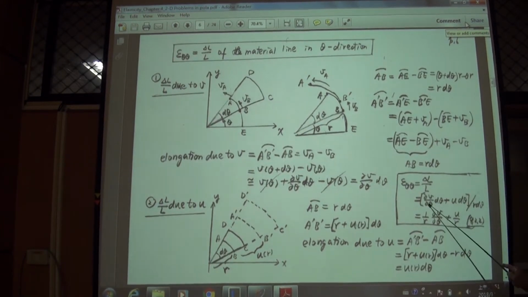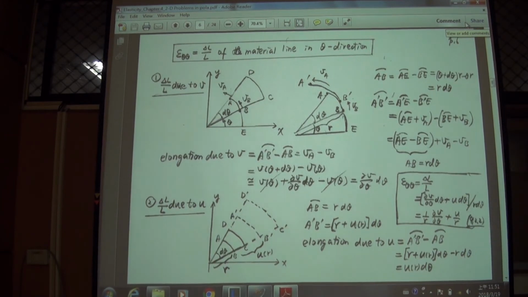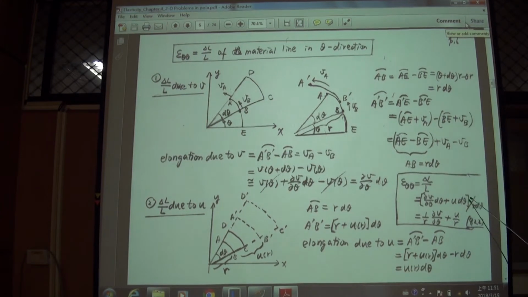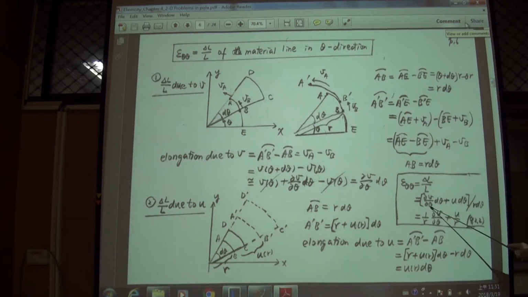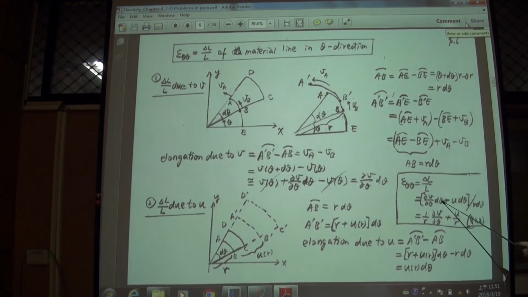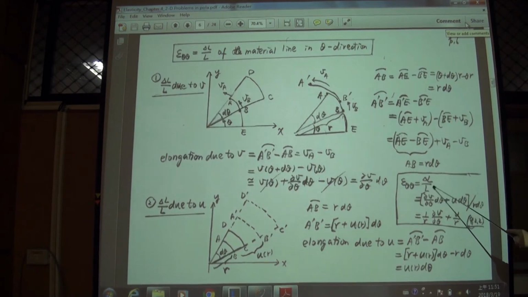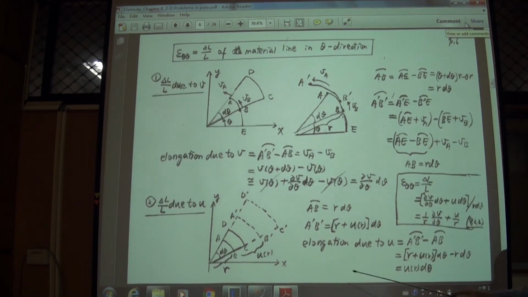This is the elongation due to V. This is the elongation due to U. And then we divide by the original material line. This is delta L, the elongation, equal to this term and this term, divided by the original length AB, which equals r d theta.